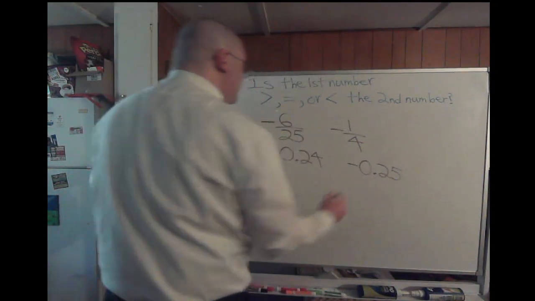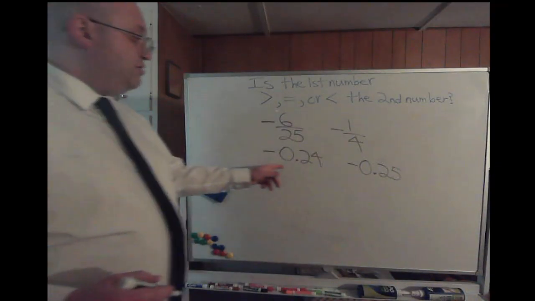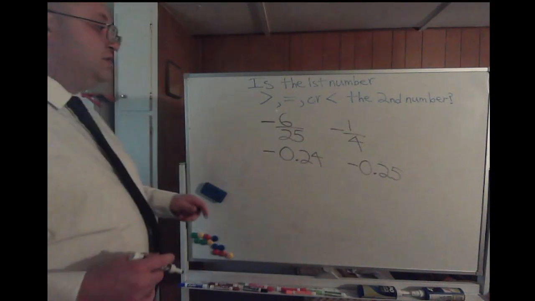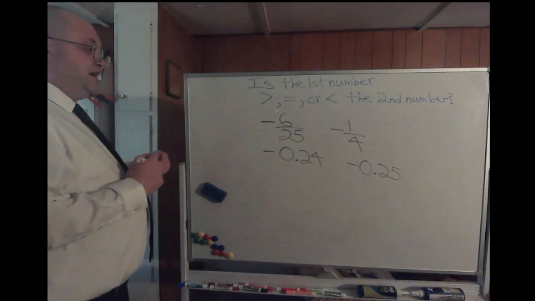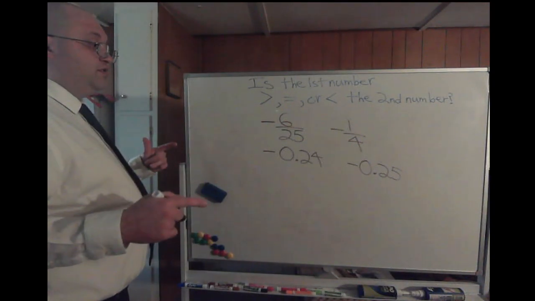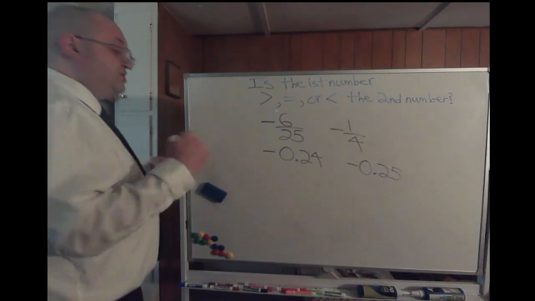So now we have to answer, is negative 0.24 greater than, equal to, or less than negative 0.25? Well, since the numbers are both negative, it goes in reverse. The bigger the number, the smaller it actually is.